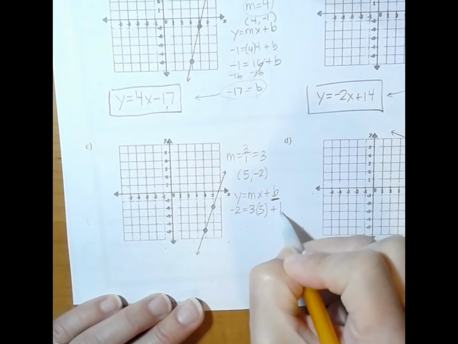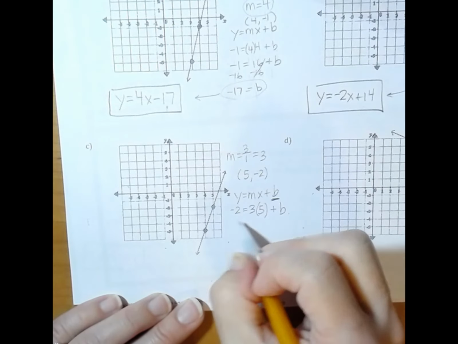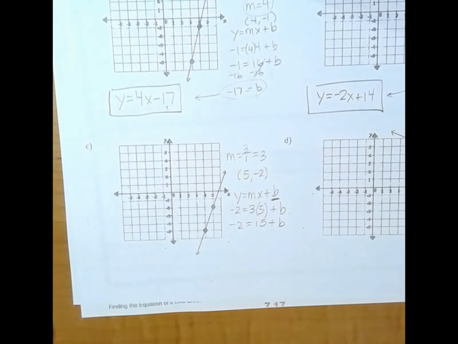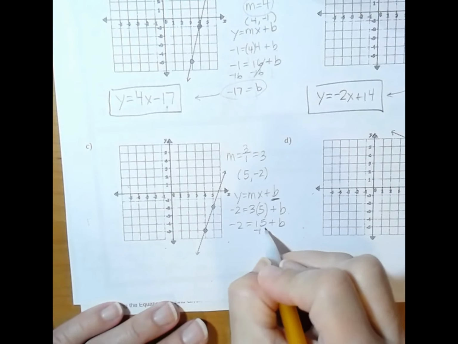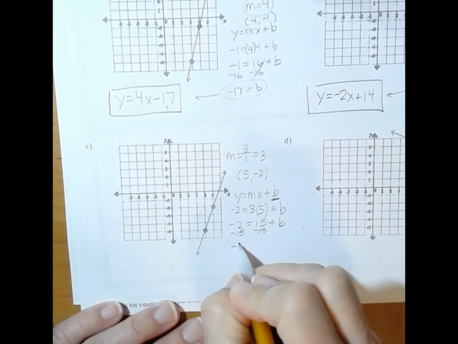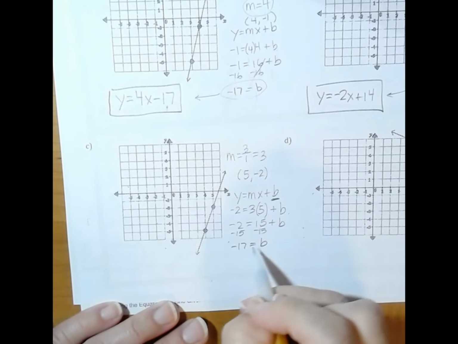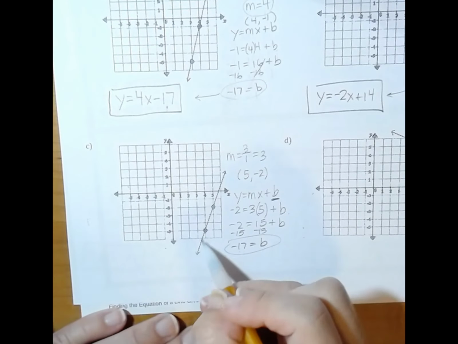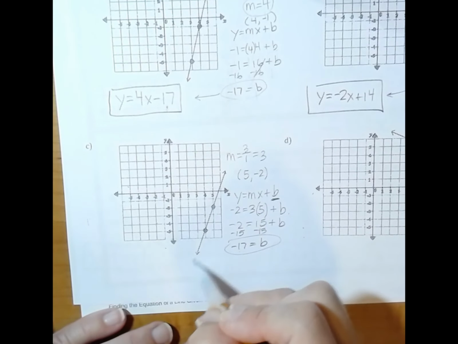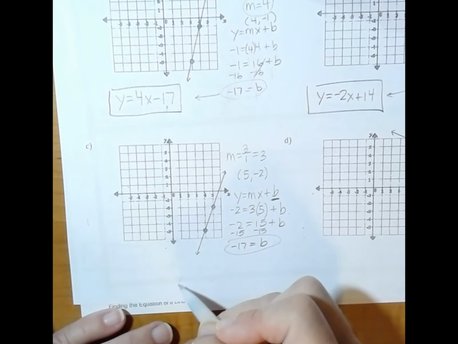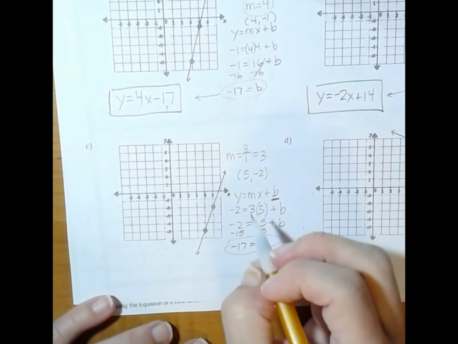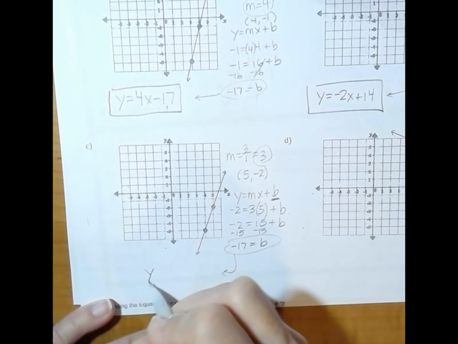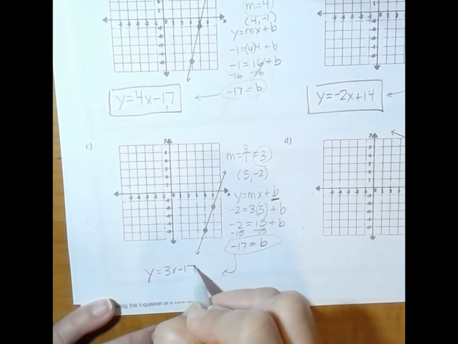Careful plugging those in. Sometimes it's easy to get them mixed up. So that looks reasonable. A y-intercept of -17 would be way down here. And we have our slope of 3, so don't forget to write your equation, y equals 3x minus 17.